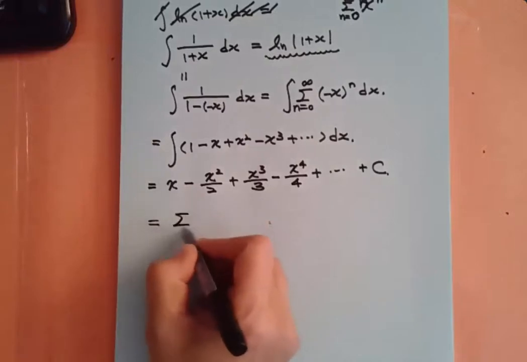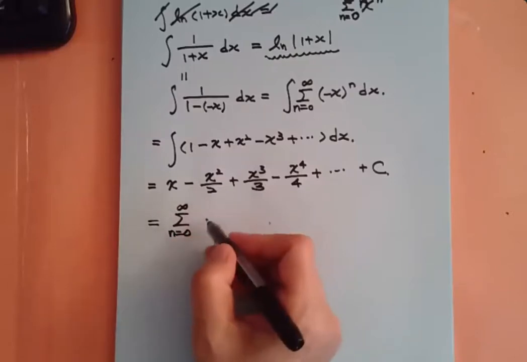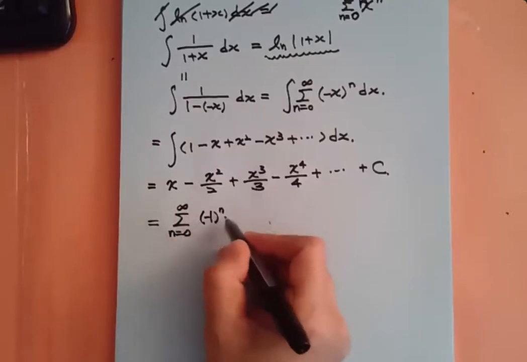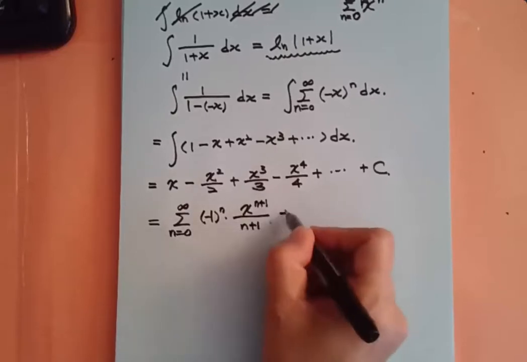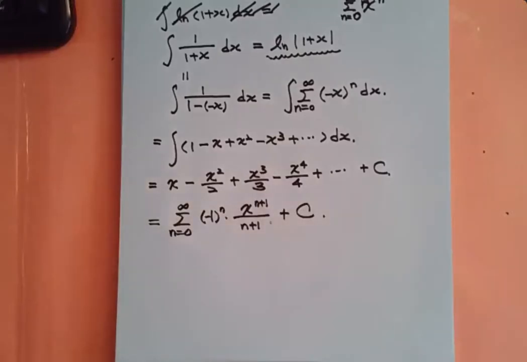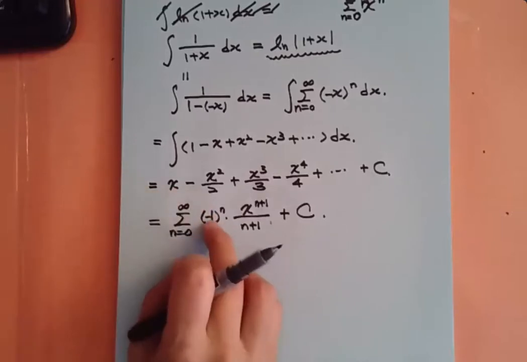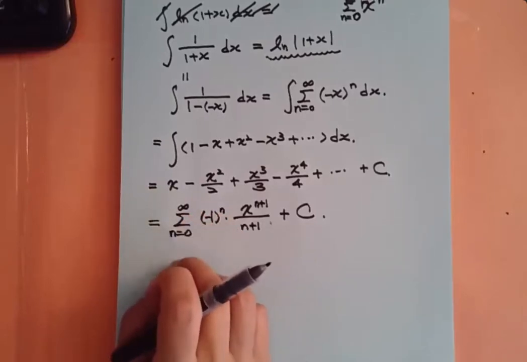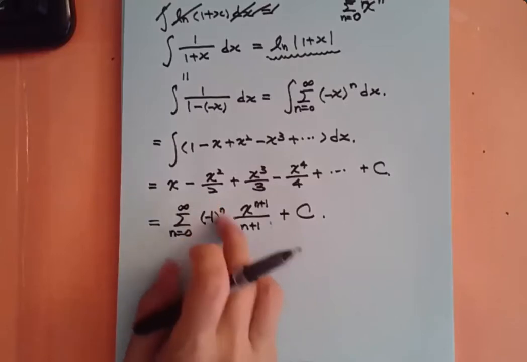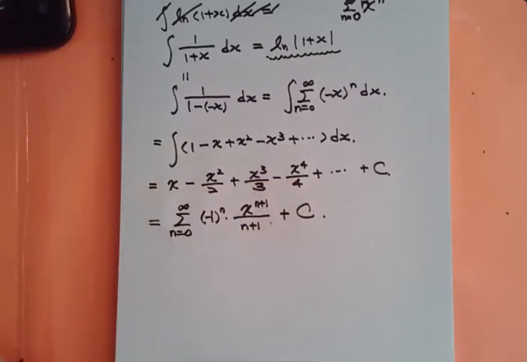If we summarize this, it becomes the summation from n equals 0 to infinity of negative 1 to the n power times x to the n plus 1 over n plus 1, plus c. Why is that? Because when n equals 0, this is positive, so negative 1 to the n power should be positive, since anything to the 0 power is 1. So this is the right expression, because it is alternating and starts with a positive number.